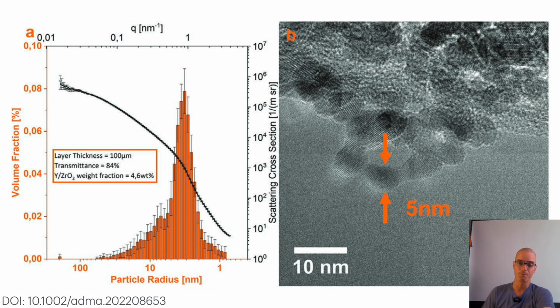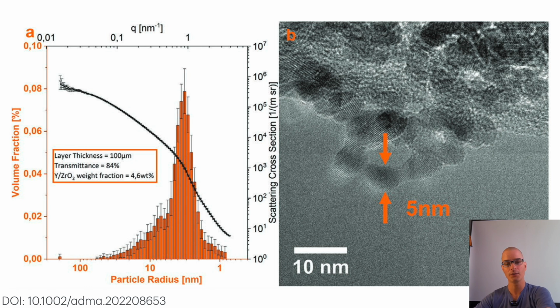But the fit, of course, is very nice, as is usually the case with McSAS. And it matches up very nicely with the information that we get from electron microscopy on the right. Now, dilute samples are all good and fine, but what about concentrated samples?